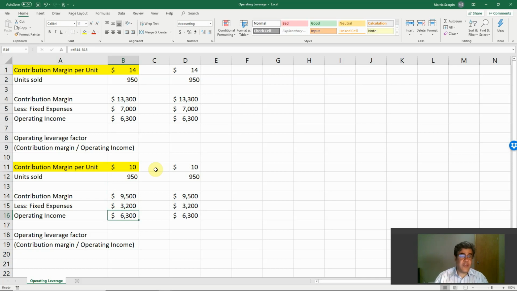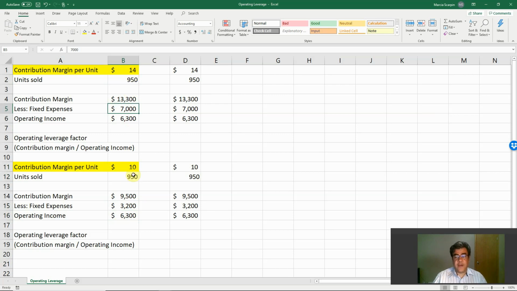So what do we have here? Same company, same units sold, same operating income. What changes is the cost balance. Company number one, greater fixed cost and lower variable cost, because greater contribution margin.